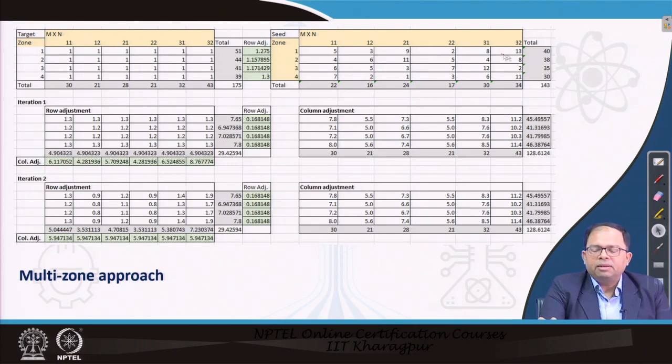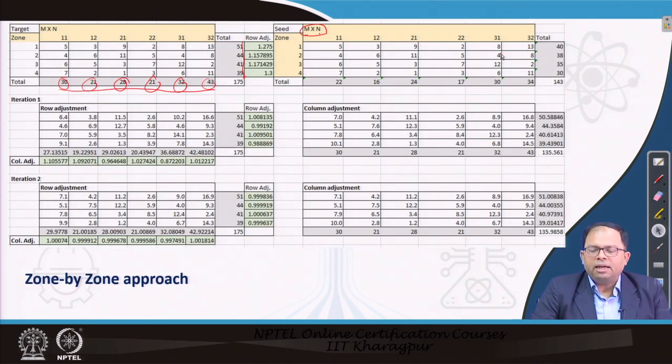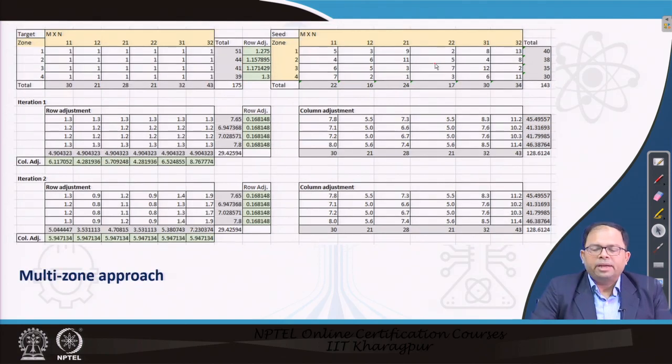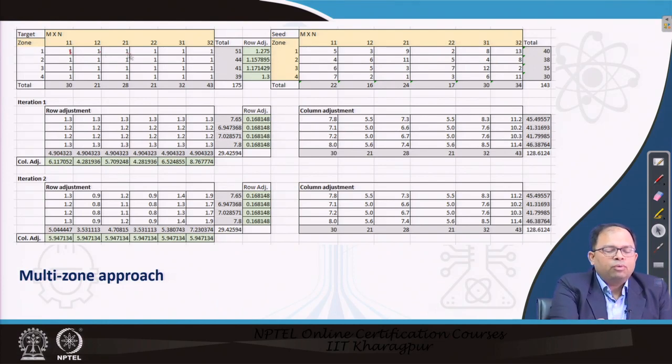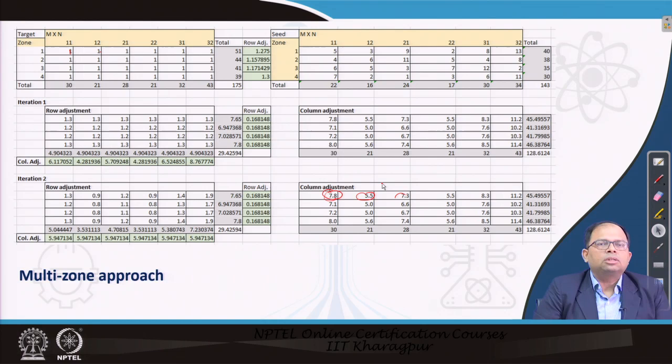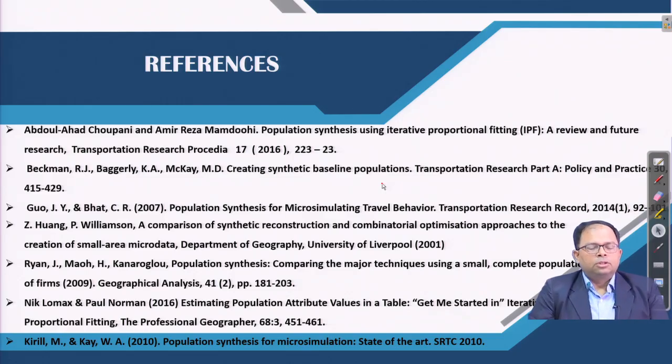In the previous case we assumed that this was the seed data for a particular zone, but over here we make the initial data value as 1, and following the same procedure we can arrive at the proportion of people or households in each of these demographic groups following the same IPF procedure. So this is called the multi-zone approach. These are some of the references that you can follow.